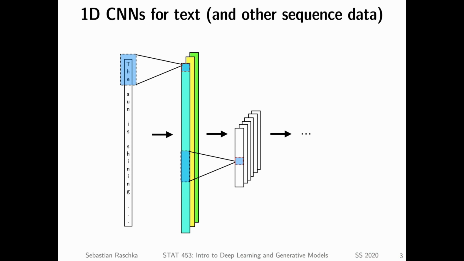By the way, one model we have already seen that is capable of handling such sequential text data would be the convolutional neural networks that we talked about last lecture. In the last lecture, we talked about the CNNs in the context of image classification. So we had the 2D CNNs before.